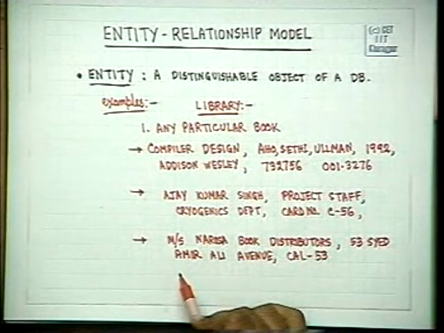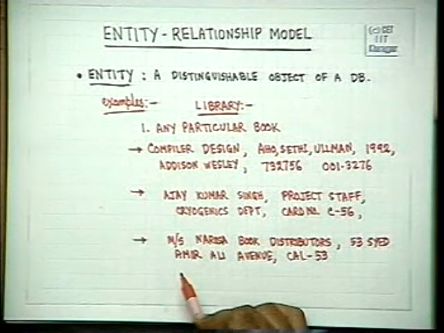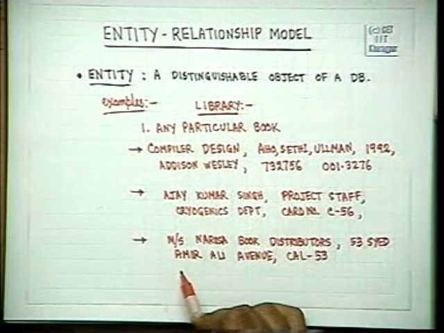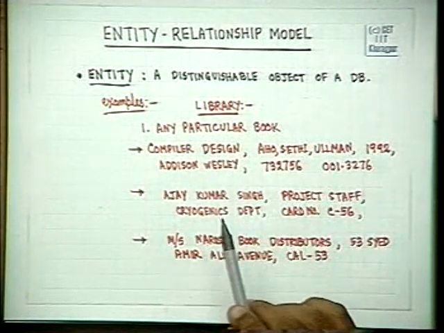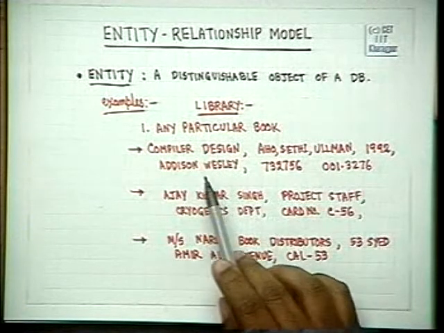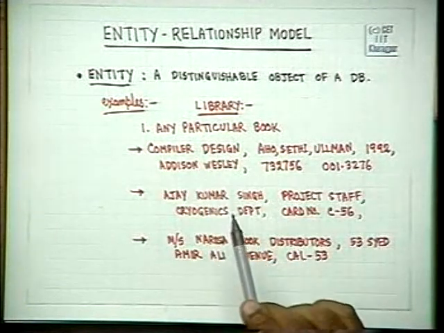And there may be several other entities of the library, like library staff and other people, authors, books, so many things. So each such distinguishable object which can be identified for a particular database will be called an entity.